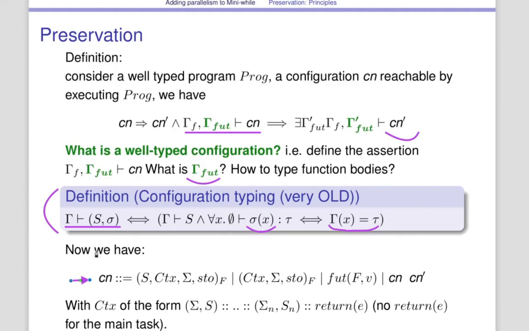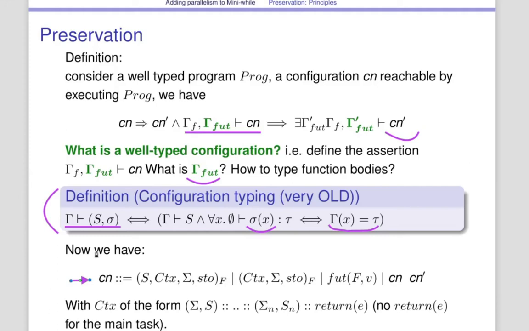But for the moment, let's just put this aside and say that we managed to have a mapping from future identifiers to types, and we can maintain it all along the reduction because, for example, each time we launch a new asynchronous function call, we can just remember the return type for the function call and map it to the newly created future. That would work, and we'll just need to ensure that when we finally put a value inside this future, it has the right type, which will be ensured by the typing of the return statement. Okay, so that's for this.